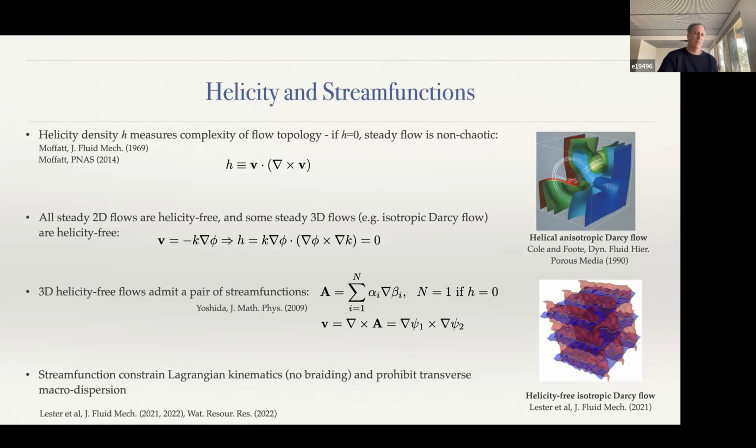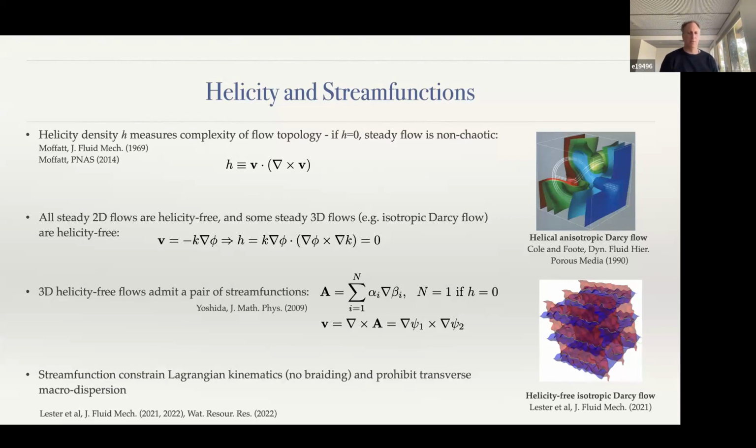So this came from earlier work of Moffatt, and then now Arnold has built on that as well. All steady two-dimensional flows are helicity free because the vorticity is always going to be normal to the velocity. But also there are some steady 3D flows that are also helicity free. And some of these are quite relevant for flow in porous media.